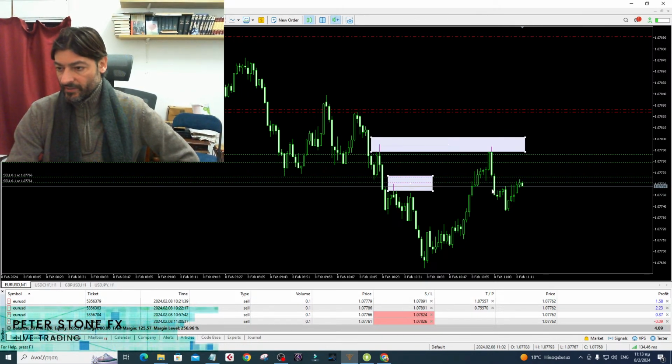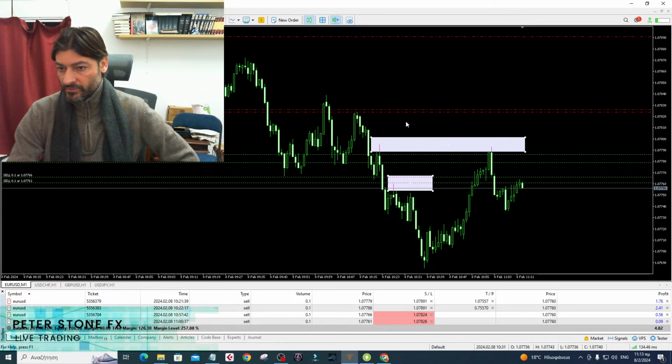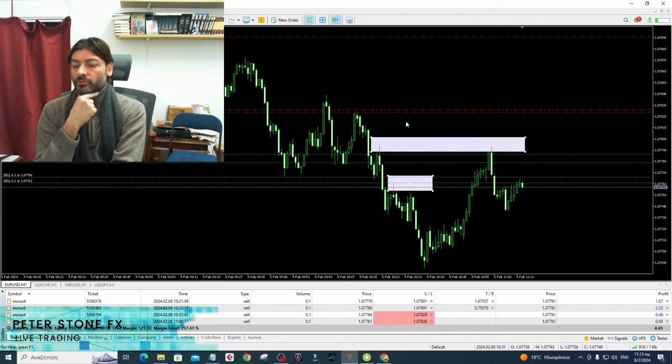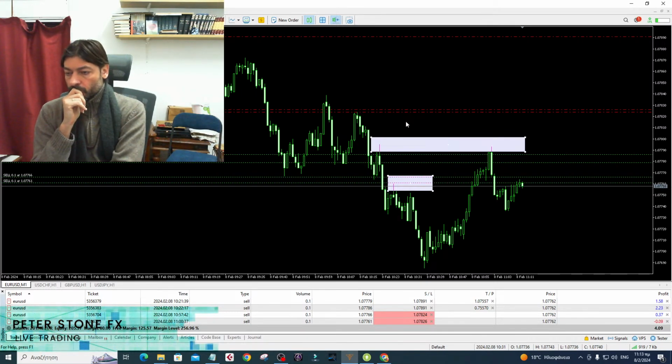We also have here something that I like. If it surpasses this fair value gap, it will be very good and I have to manage the trades actually. And always hedging is a solution, but we'll see.